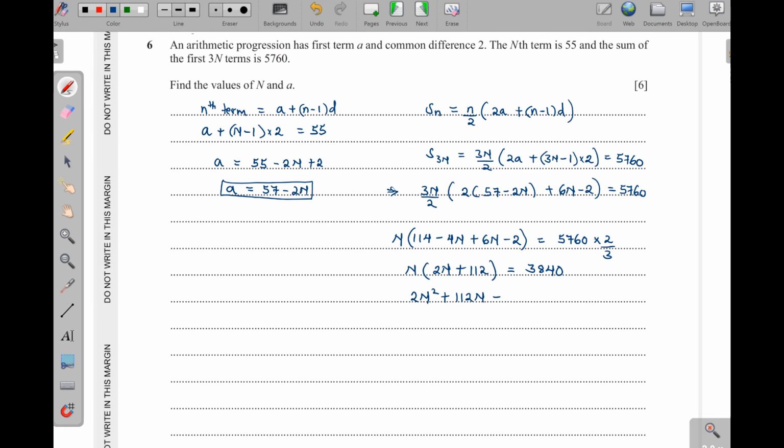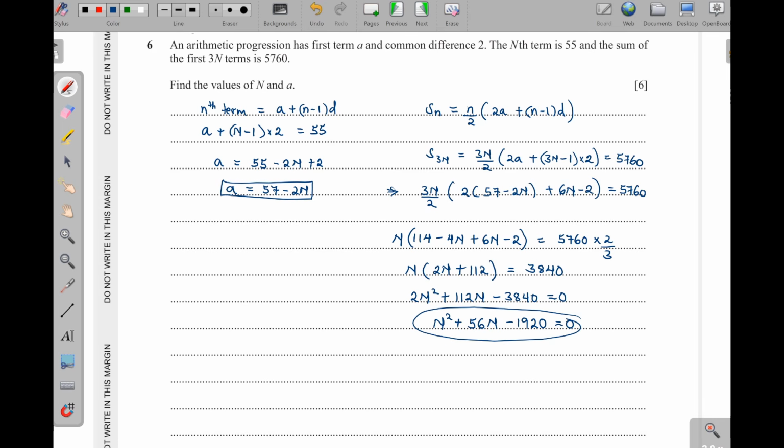Then I can bring this one this side, 3840. Then this one is equal to 0. Then I can divide all through by 2 to simplify this quadratic equation. We shall have n squared, then plus 56n, and then 3840 divided by 2 is 1920, which is equal to 0.